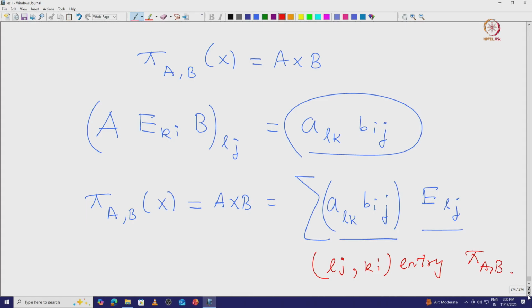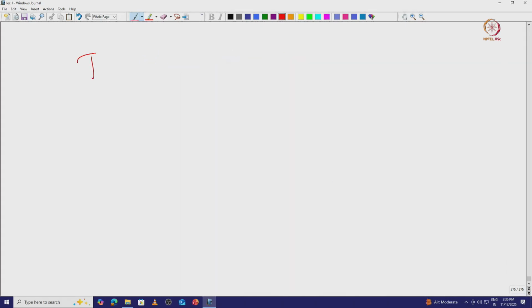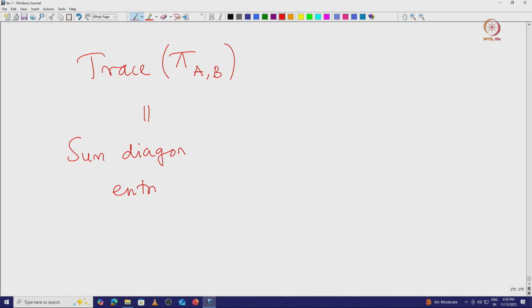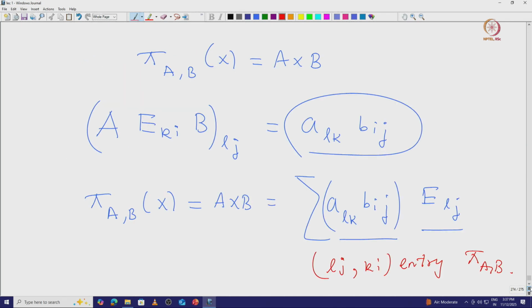So, what will be the trace of this pi A B? We need to sum the diagonal entries. The diagonal entries are obtained when the tuple l j is the same as k i. That means l should be equal to k and j should be equal to i.